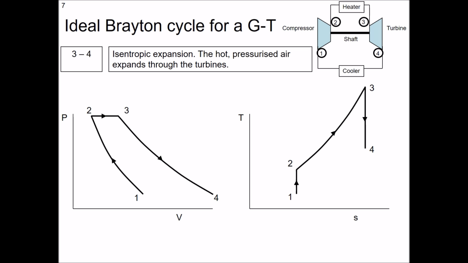Okay, we need to complete the cycle now. So let's move on. So you can see that the power output will be explained as the difference between the work done in the turbine and the work done in the compressor. So the energy that we get is going to be the difference between what the compressor's doing and what the turbine's doing. That should be fairly logical.